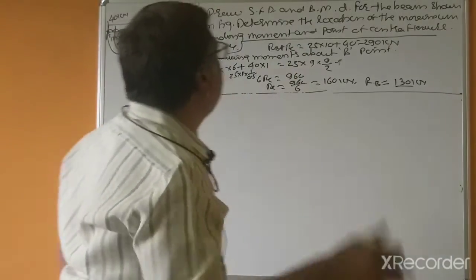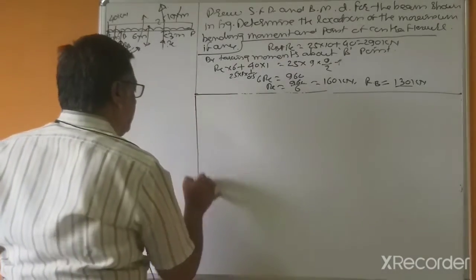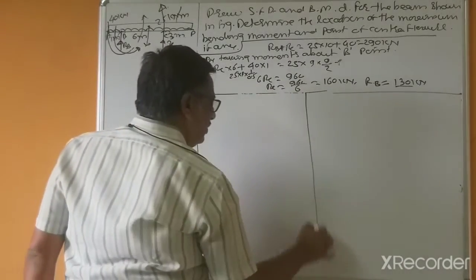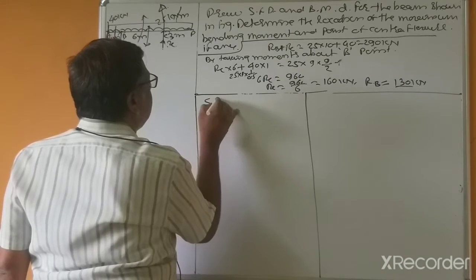So RB equal to 130 kilonewtons. Now we can do the shear force calculation.